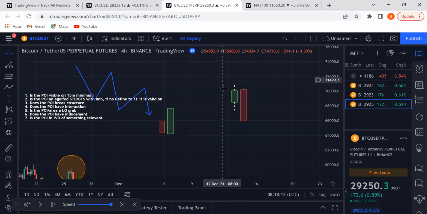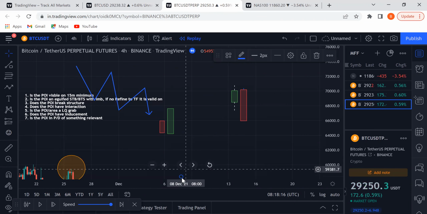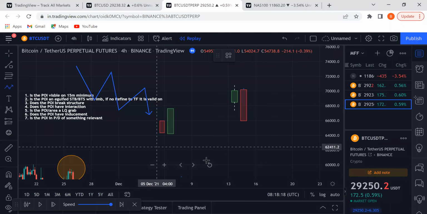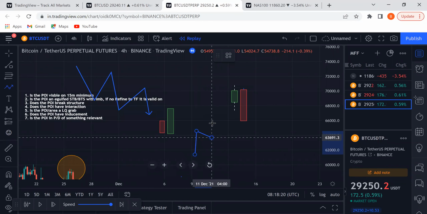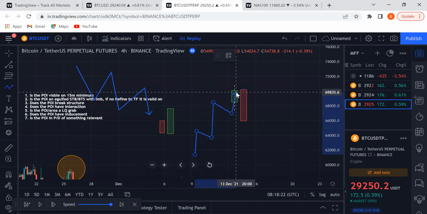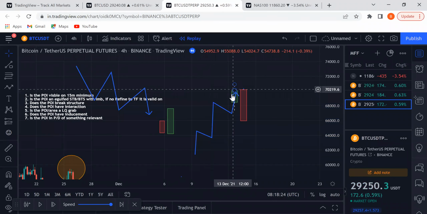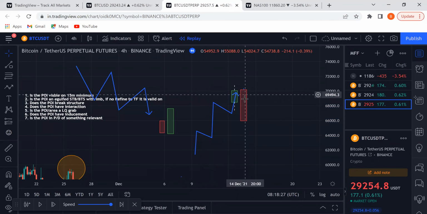Now, this is for a sell scenario. This is going to happen if the price is moving up. Let's say the price is moving up like this. Then the last movement up created this candle before we had this huge move down. Now, this becomes our POI.